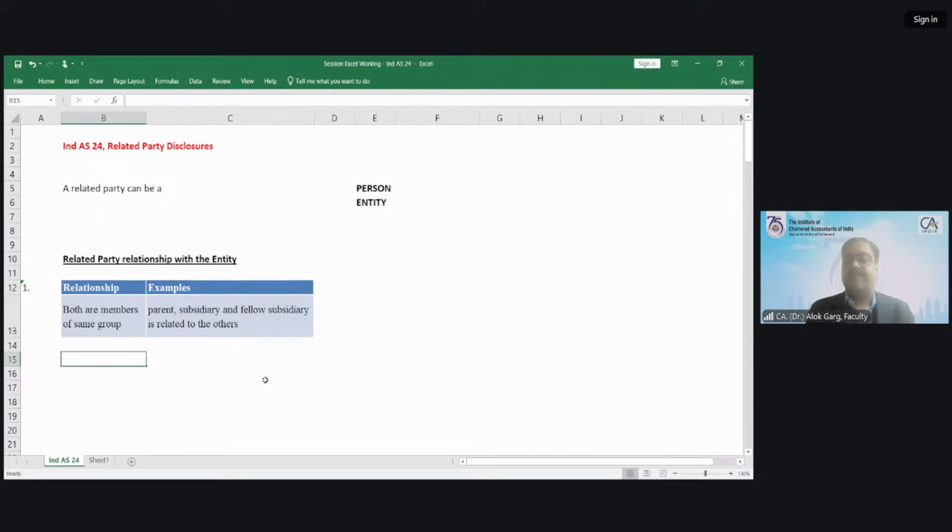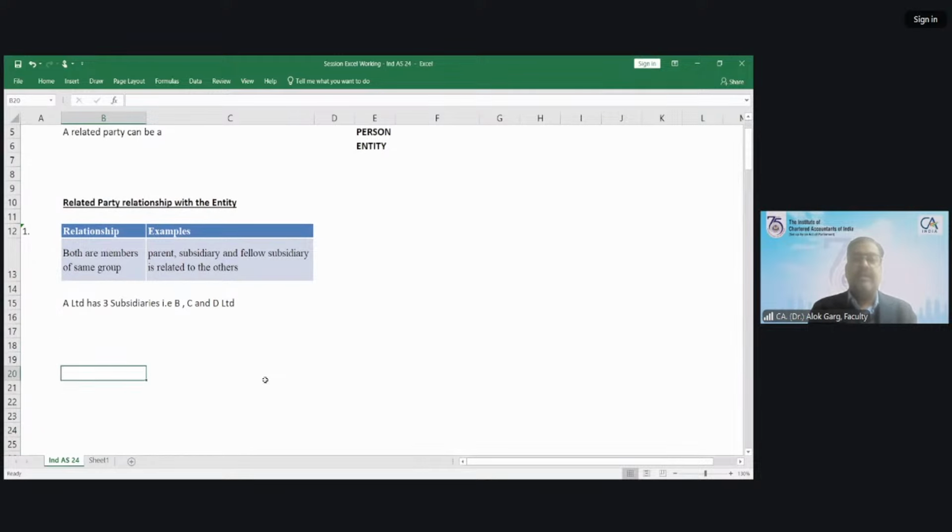For example, A Limited has three subsidiaries, that is B, C, and D Limited. So if A Limited prepares accounts, in this case, who is the group?